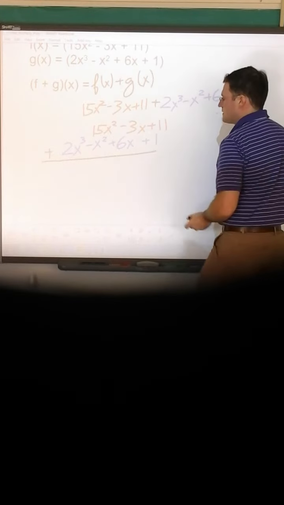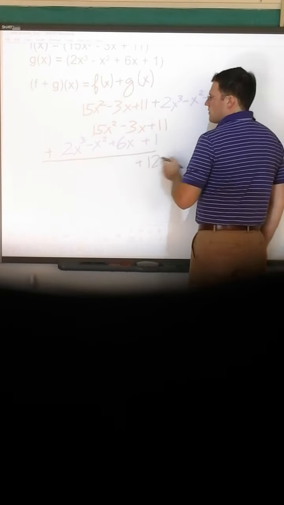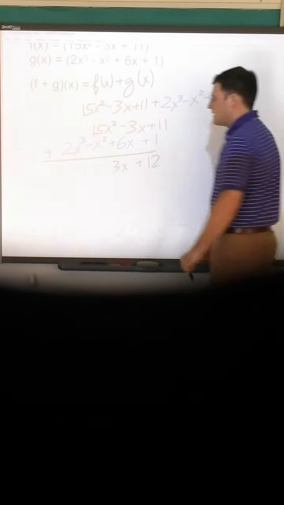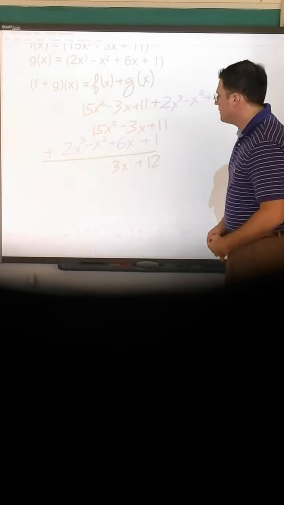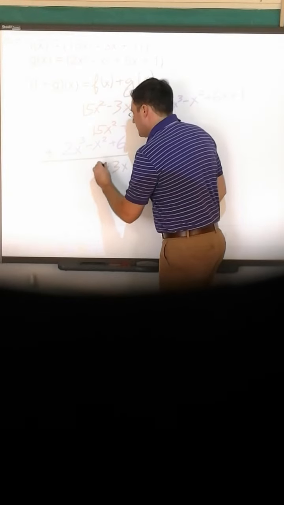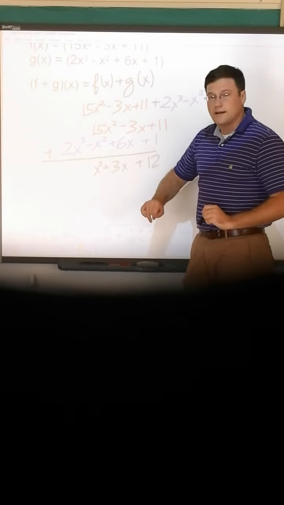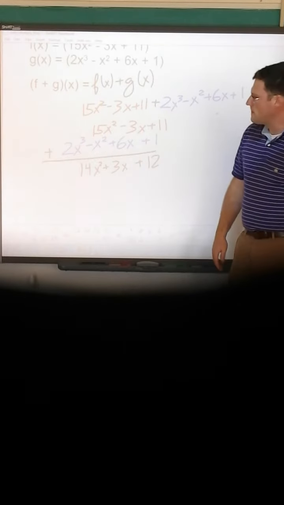So 11 plus 1 is 12. Negative 3x plus 6x. Well, that's 3x, okay? So I didn't even really have to do anything with the variable. I'm just adding the like terms together. Okay, x squared and x squared, so plus x squared right there. 15x squared minus 1x squared is 14x squared, okay?